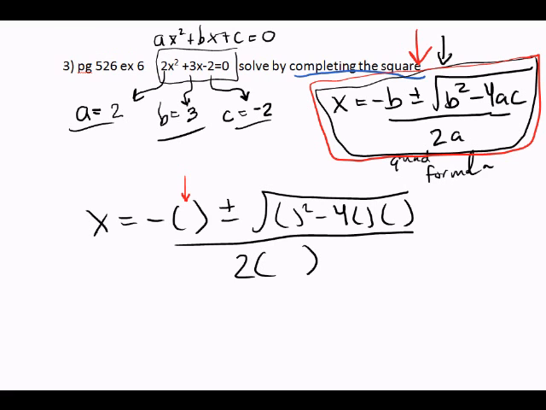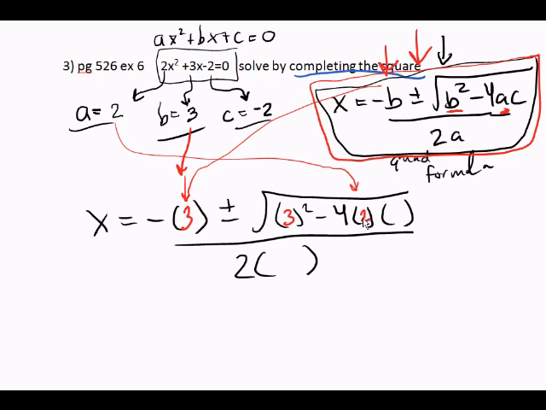Okay, so the number that goes into this first parentheses is b, right? The formula is negative b. So you see this b goes here. What's b equal? B equals 3, so I put a 3 in there. This is a b also. The b is inside, so I put a 3 in there.